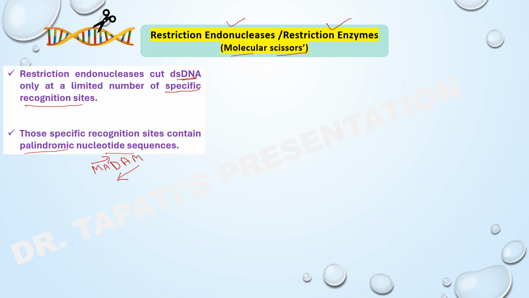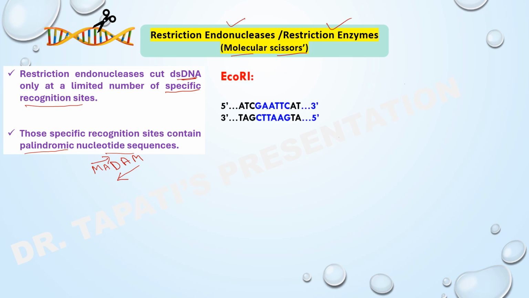More than 900 restriction enzymes have been isolated from over 230 strains of bacteria. That means the main source of this enzyme is bacteria, and they are mainly used in molecular biology labs.